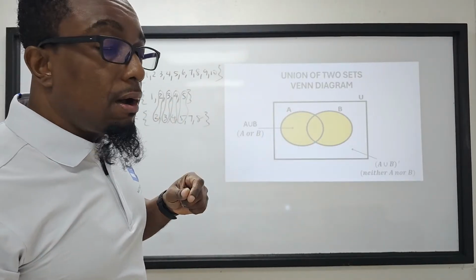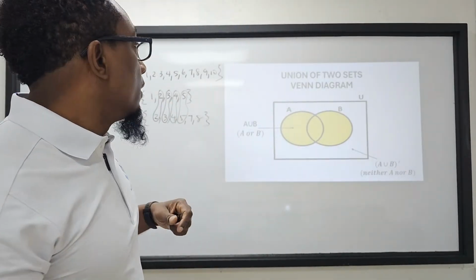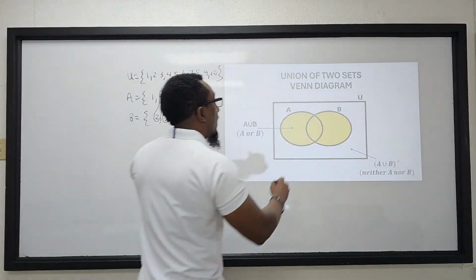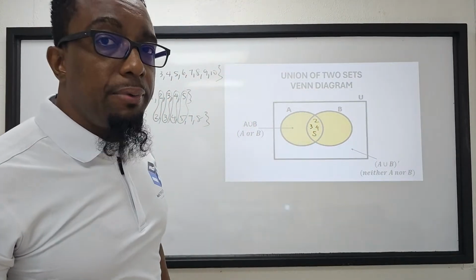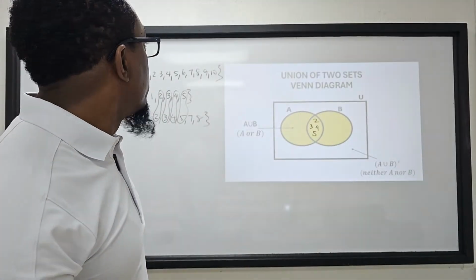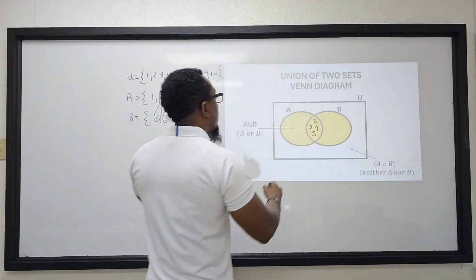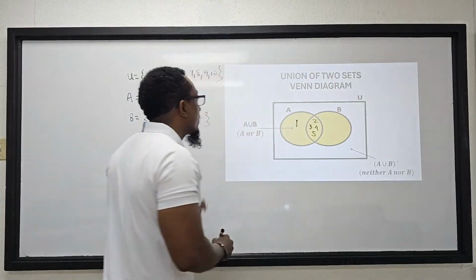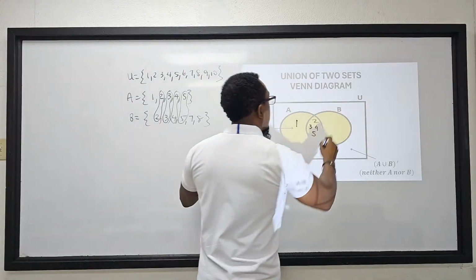So in placing our elements within our given regions, we know that 2, 3, 4, 5 will be placed in that region, which is the intersection. We know the remaining elements of A, which is 1, will be placed in A only. We know that the remaining elements of B, 7 and 8, will be placed in B only.